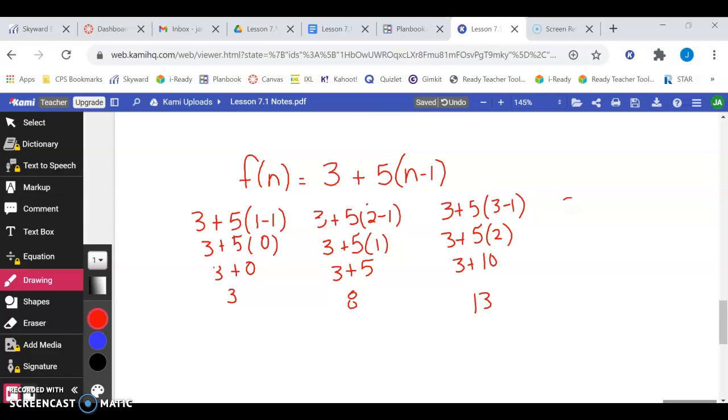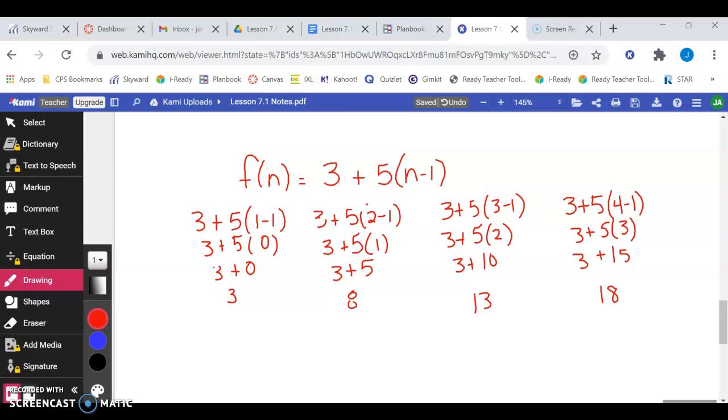And then our fourth term, that would be a 3, times 5 plus 3 over here. 15 plus 3 is 18. So you can see the pattern. You're adding 5 each time.